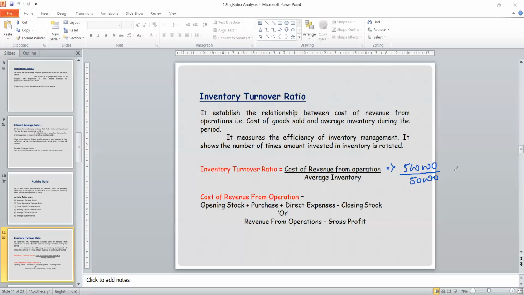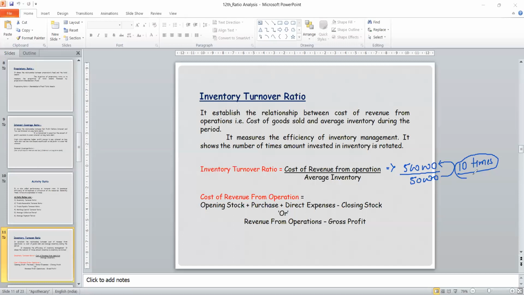It means in a year, the company has rotated its inventory 10 times. So it is good. The company is not carrying heavy inventory in its godown, so it doesn't have to incur much carrying cost of the inventory. So cost of revenue from operation divided by average inventory. This is a good rotation, 10 times during the year.